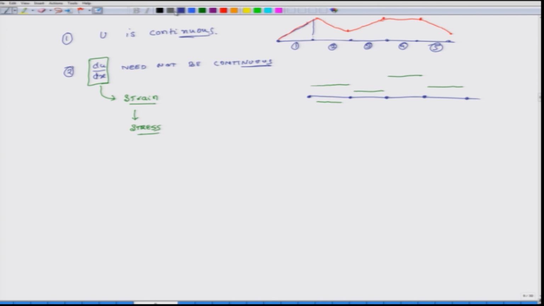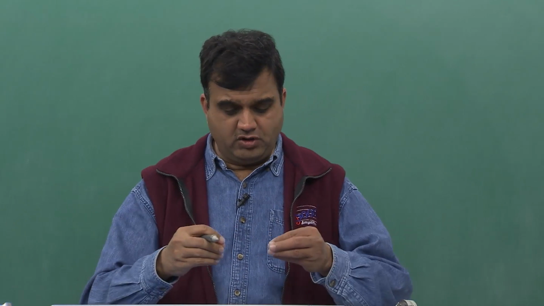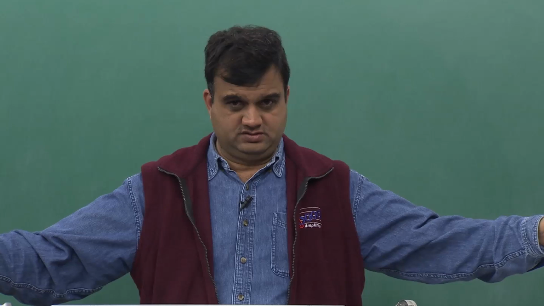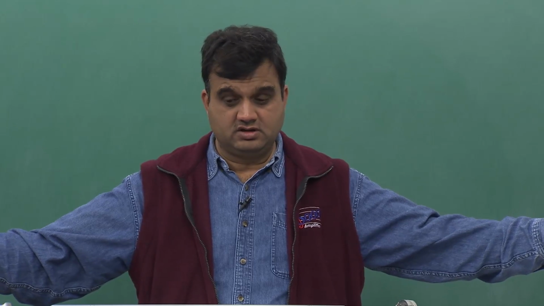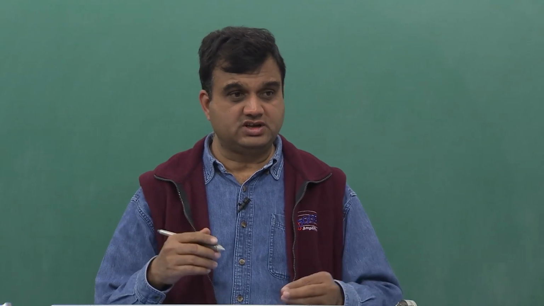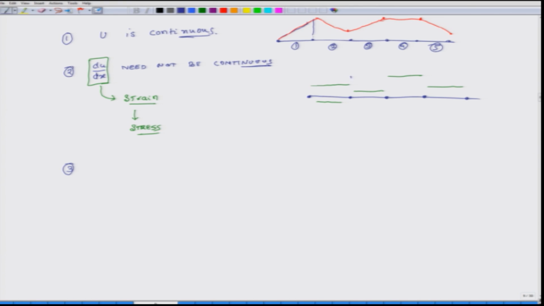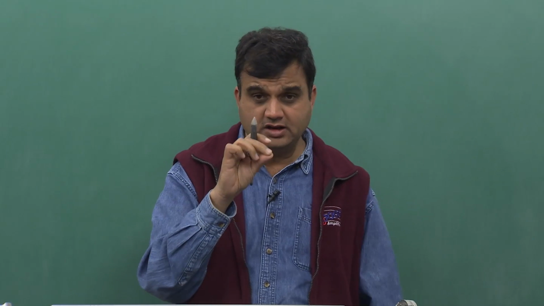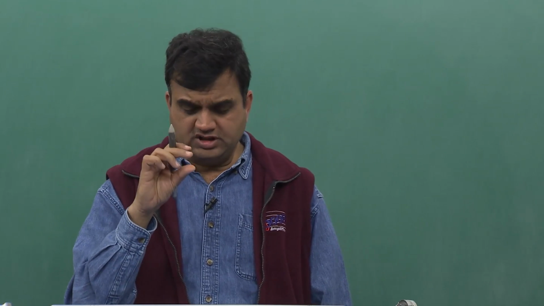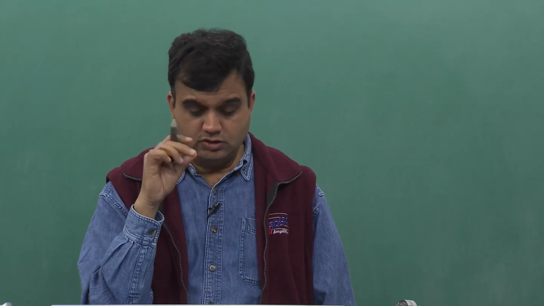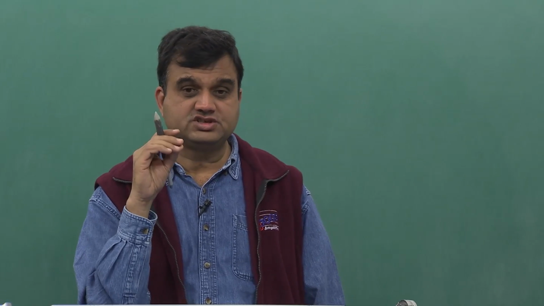Third, however, if we keep on increasing the number of elements, these jumps between strains will reduce. They will never become 0. Mathematically they can never become 0, but they will keep on reducing.